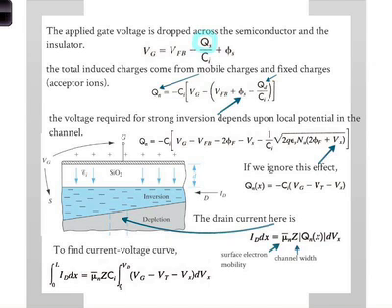Does that make sense? Now, I want everyone to think about this. This is without understanding anything to do with MOSFETs at all. We're just talking about two PN junctions: one PN junction here, one PN junction here.